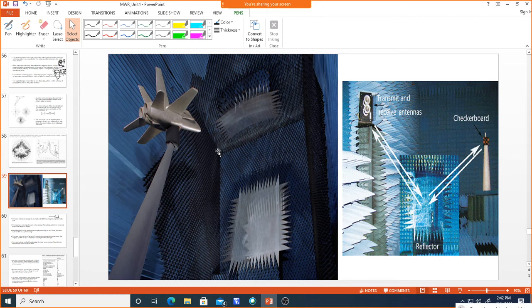Okay, so that's how we can compute the RCS of aircraft or ships in the flight scenario. That will be more convenient and nearer to the practical scenario.